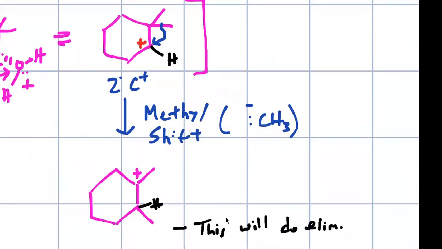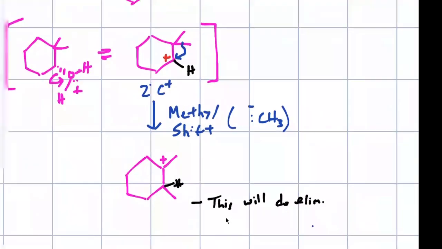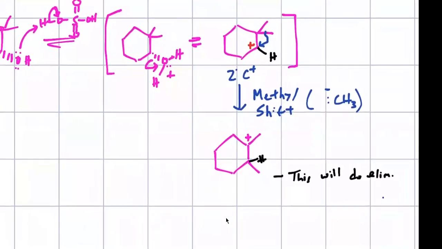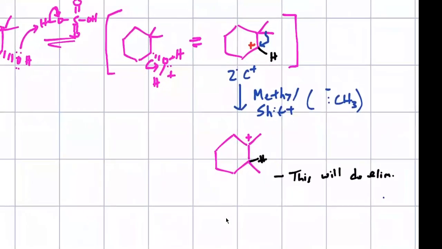Right. So how do we do elimination? When we talked about the E1 the other day, what facilitated the elimination part? Like how do we remove that proton? Anybody remember that? This was Wednesday when we talked about this.